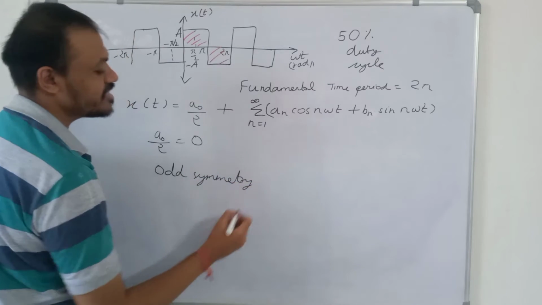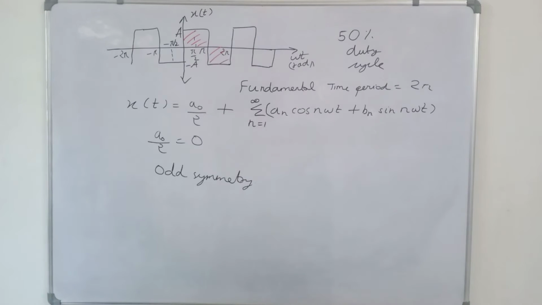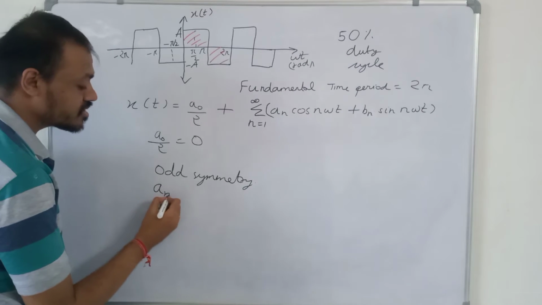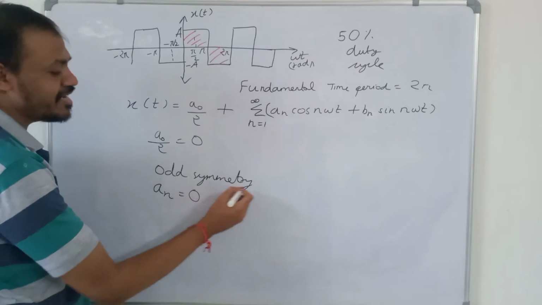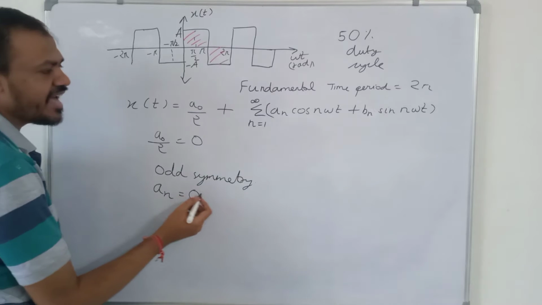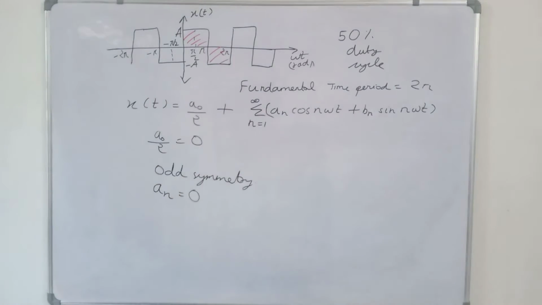For an odd symmetry signal, the cos n omega t component, a n, will be 0. Odd symmetry signals do not have a cosine term, so a n will be equal to 0.